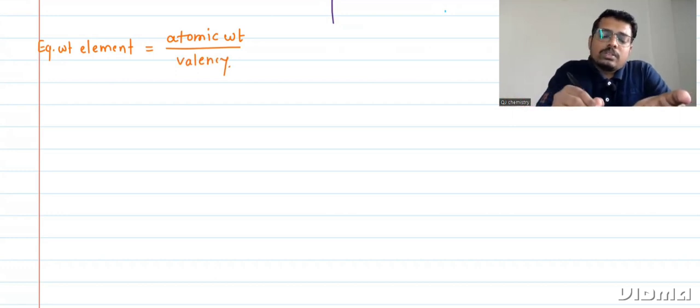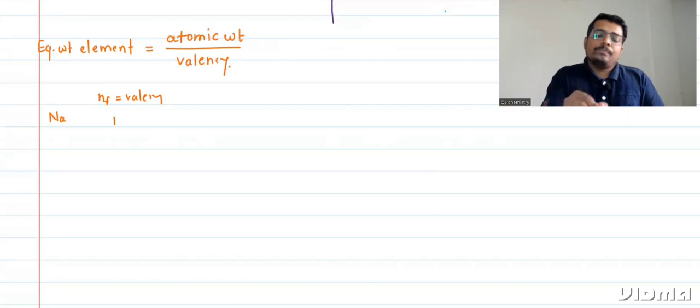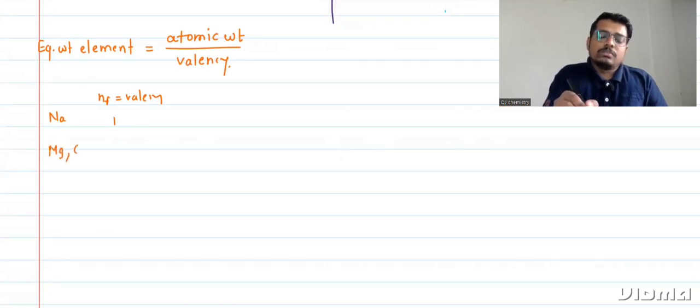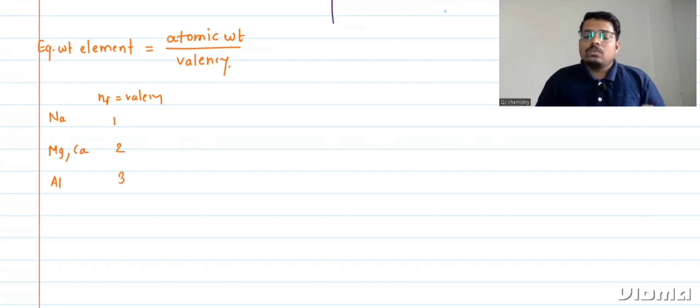For example, sodium: its n factor is equal to 1. Magnesium, calcium, element n factor is 2. Aluminium n factor is 3. So in case of element, n factor is the same as its valency.